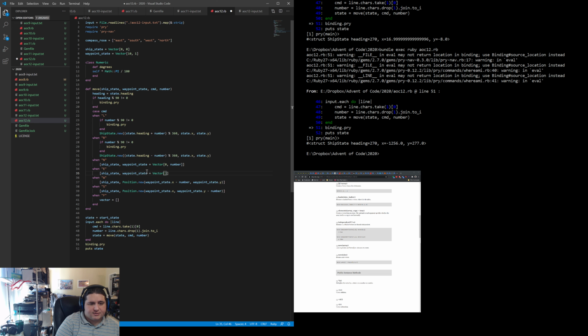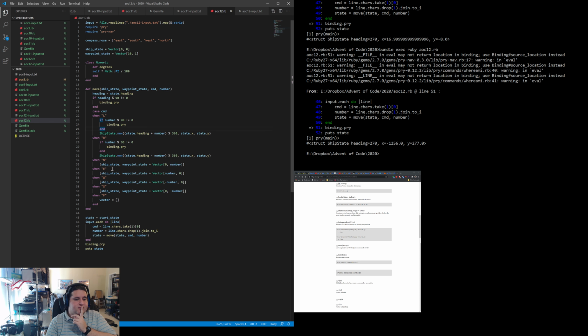So this is going east, so this is number, 0. Negative number, and 0, negative number.